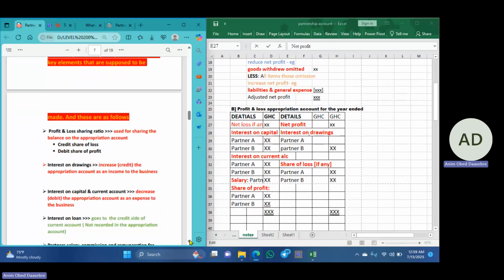So this interest that they are going to pay on the amount that they withdraw will be an income toward the business itself, and a loss or a penalty or a charge toward the partner who is doing the drawings. So that is why interest on drawings is credited towards the appropriation account.